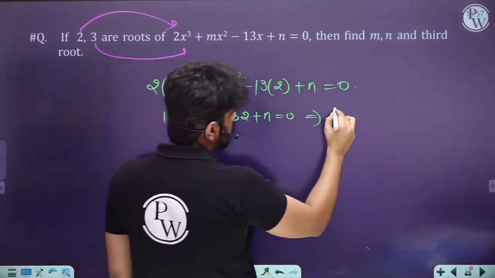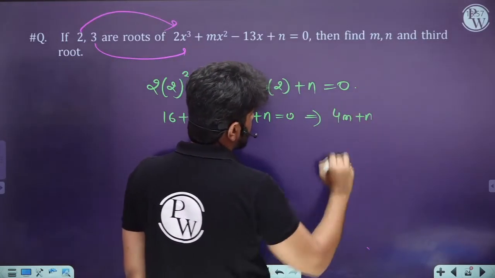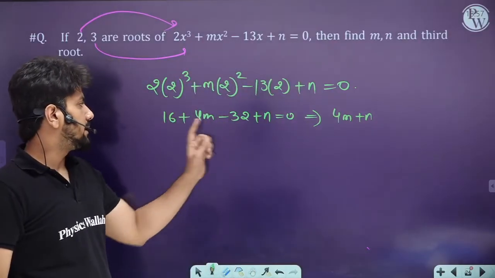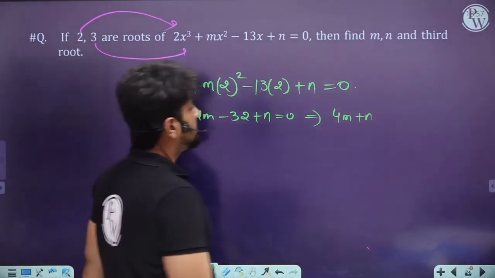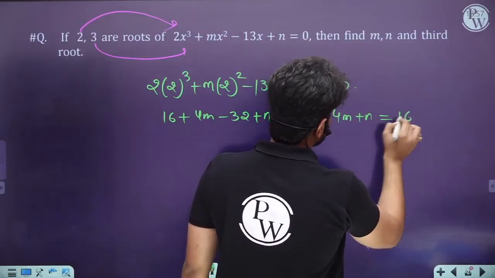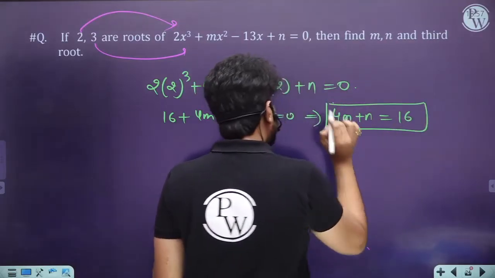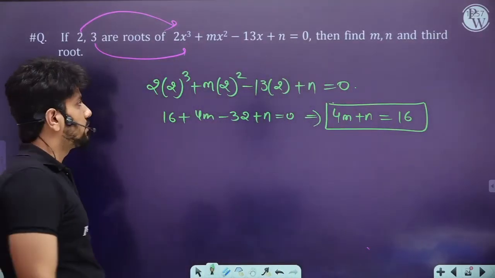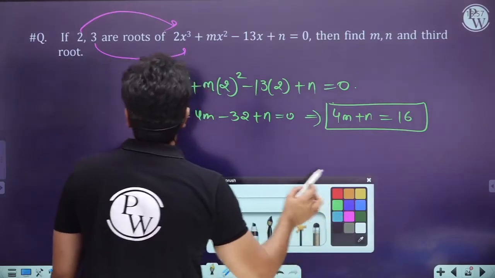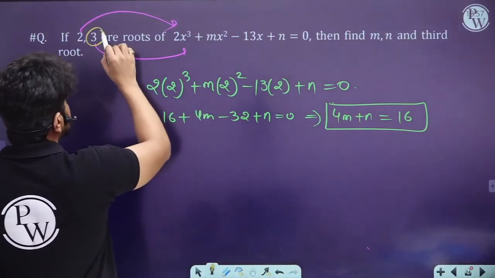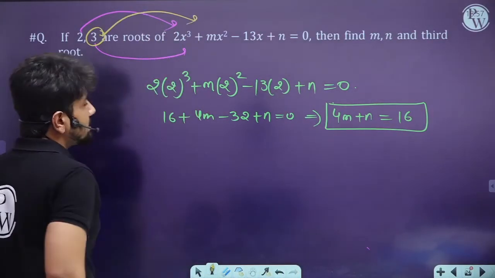So from here I'm getting 4m plus n, 16 minus 32 will be minus 16, so 4m plus n is equal to plus 16. That's what I have. The same goes for 3 as well. 3 also satisfies this equation.